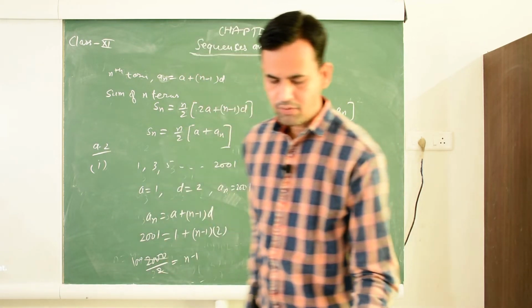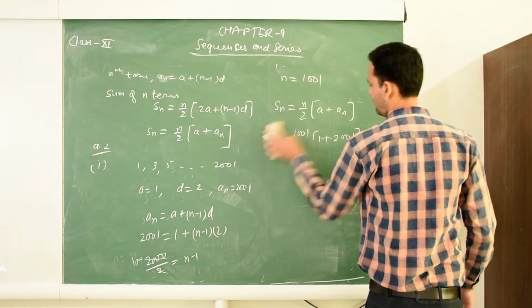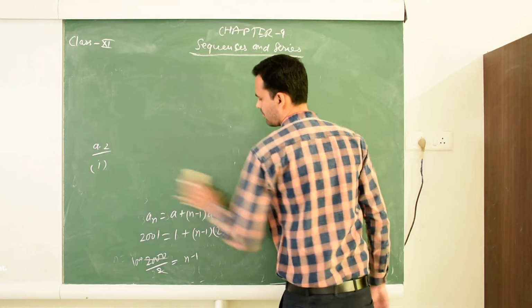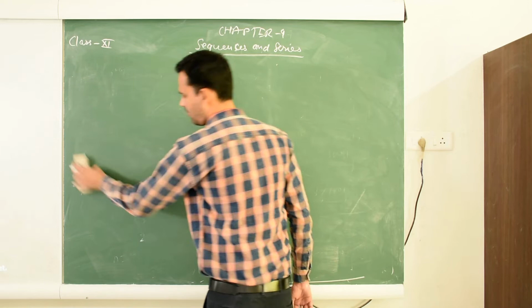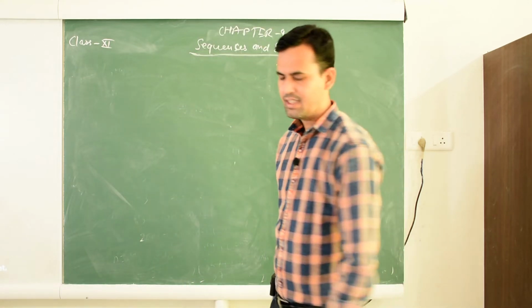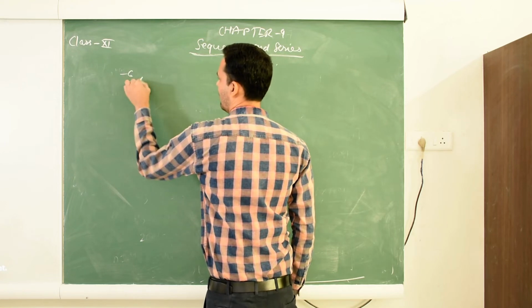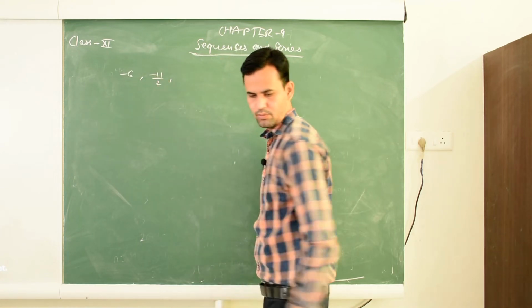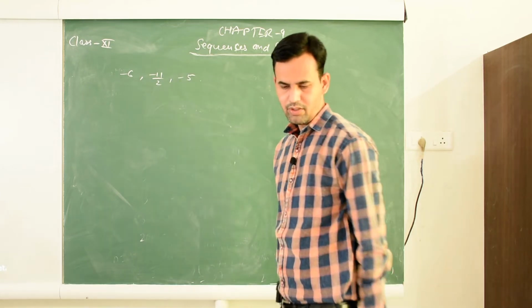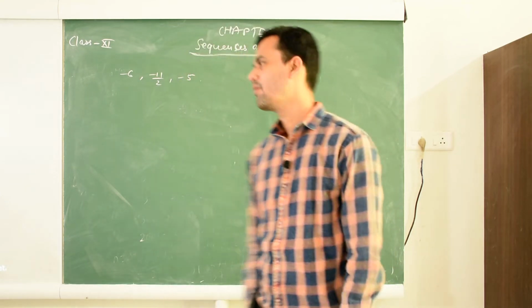Now question number 4. How many terms of the AP minus 6, minus 11 by 2, minus 5 are needed to give the sum minus 25?